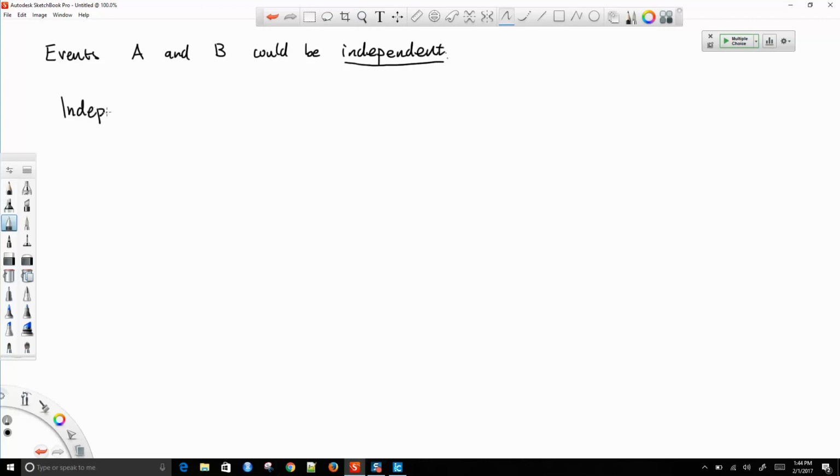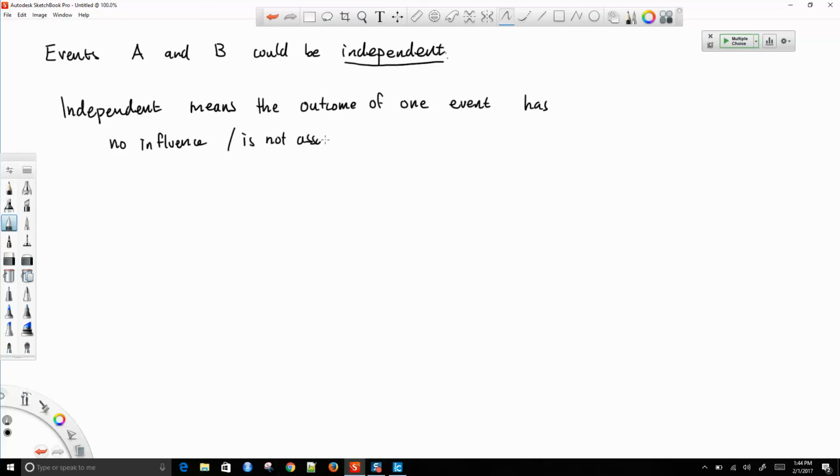Independent means the outcome of one event has no influence or is not associated with a change of the outcome of the other event.